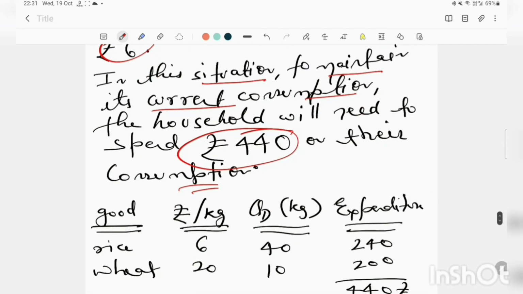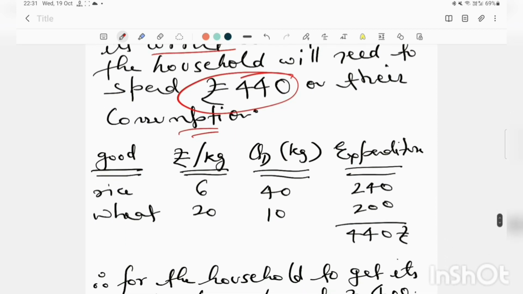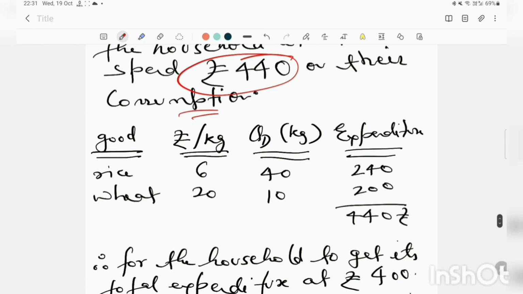That cannot be possible, because in economics we need to suppose that something will be fixed throughout. Otherwise, there will be a conflict with the concepts, right? So when the price of rice increased from 5 to 6, they need to spend 240 rupees for the same rice, as well as for wheat they need to spend 200 rupees, and it will come out to be 440, which was not possible.